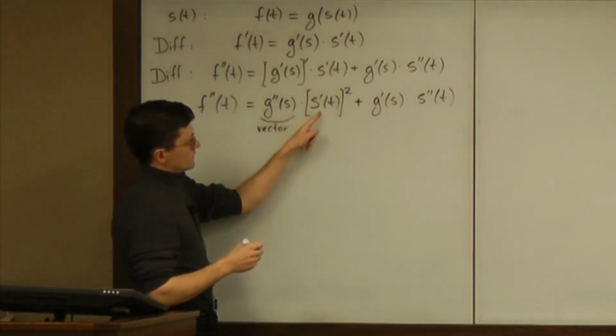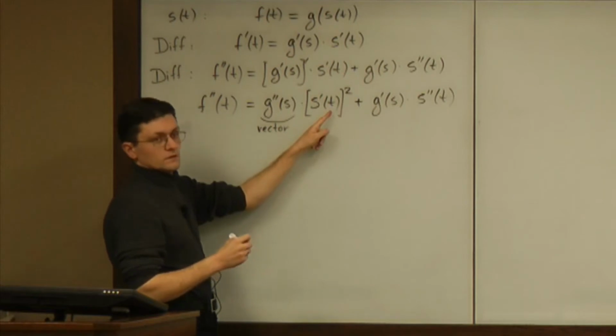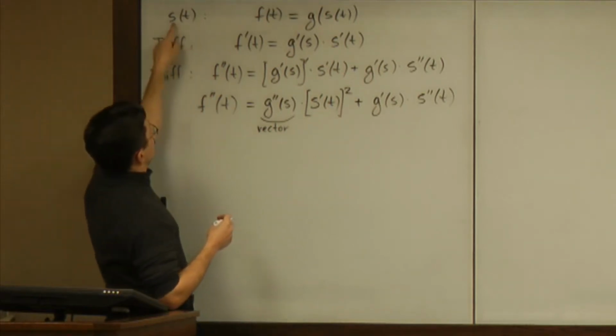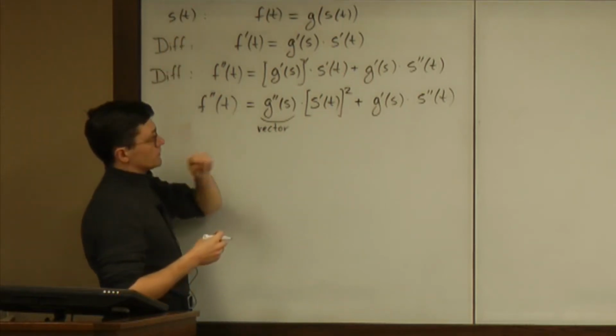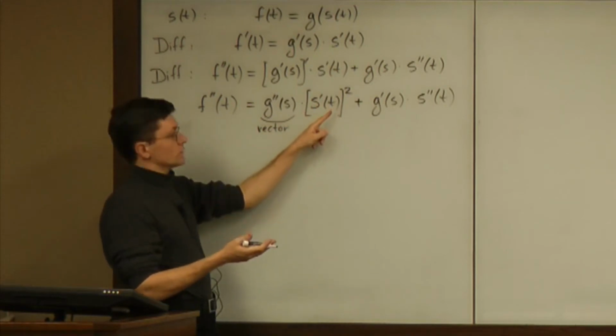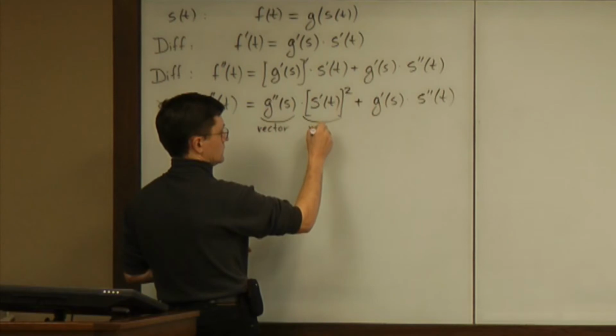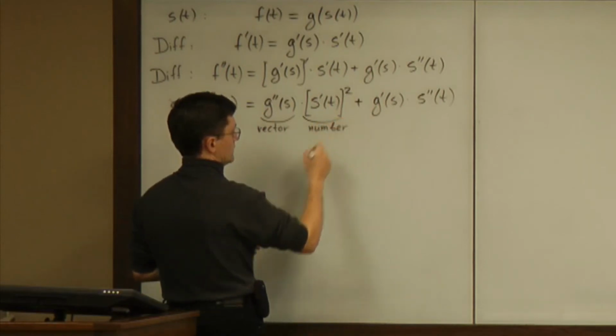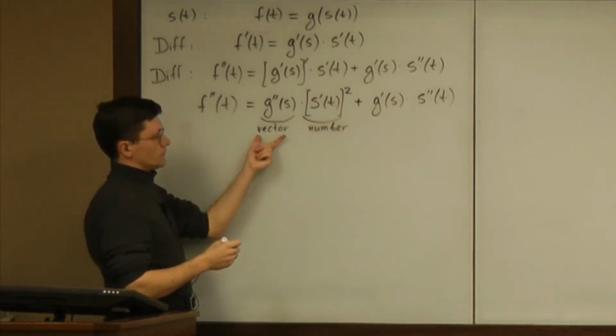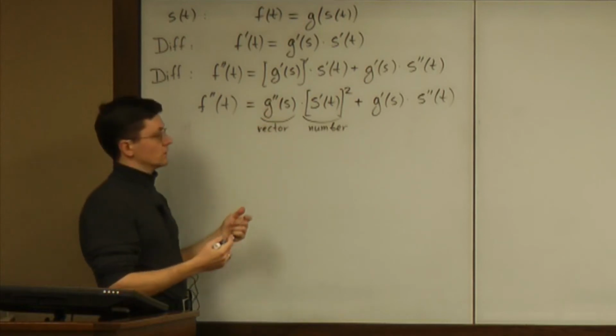And what is this? Well, s of t is a function, a number assigned to a number. So the derivative is going to be a number again, and the square of that number is a number. So this is just a number. And what I have is a number multiplied by a vector, making it longer or shorter.